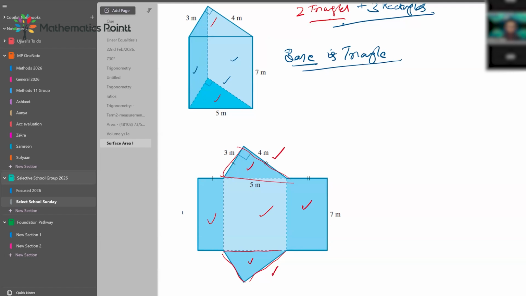So you find the area of 2 triangles plus the areas of the remaining 3 rectangles. And that is the surface area. Simple, right? No dramas.